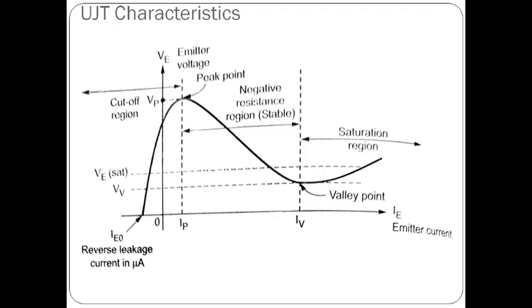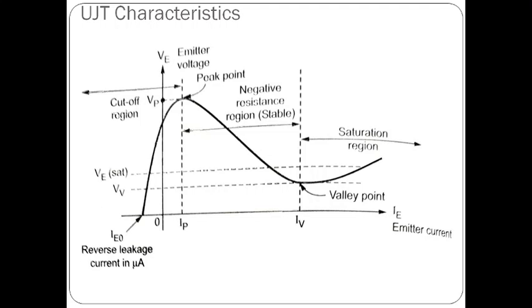In the conduction state of the UJT, IE will increase up to the valley point current. At this point the emitter voltage decreases. That voltage is represented as the valley voltage VV. After reaching the valley point, the UJT will work as a normal diode.